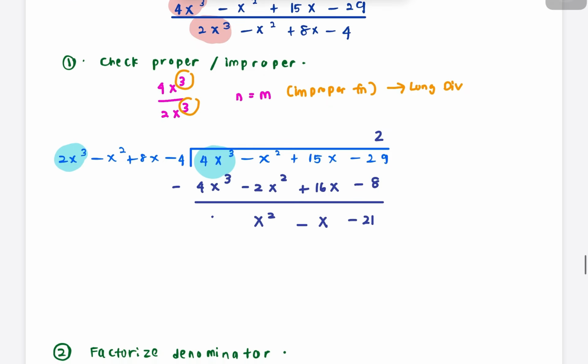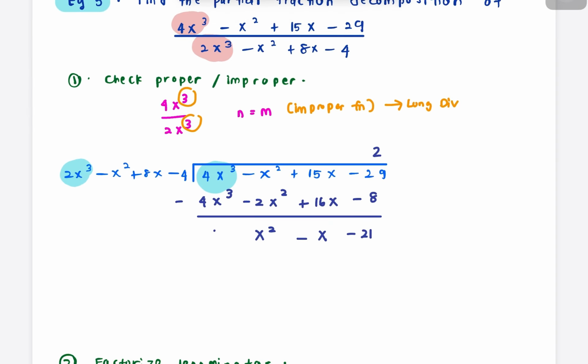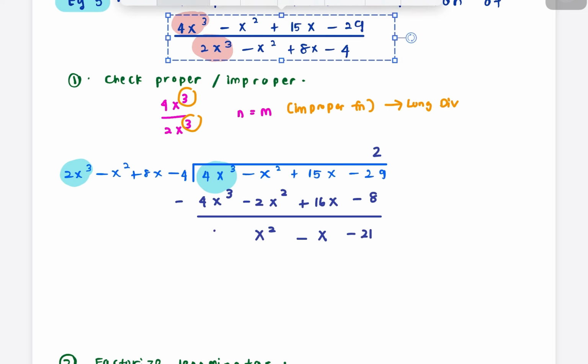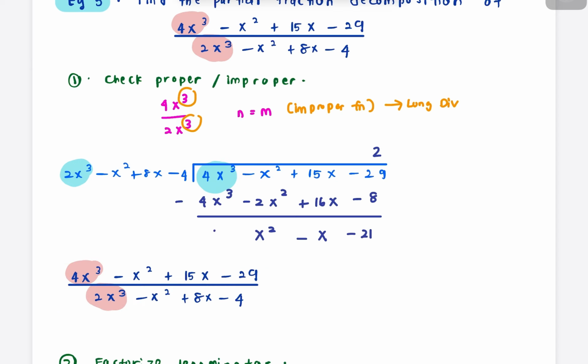Okay. So how to write your answer? You have this one as your question. So just copy this one. It is equal to the quotient, which is 2, plus the remainder.